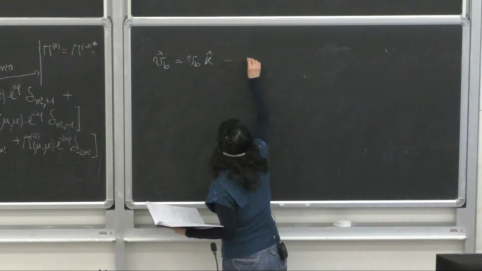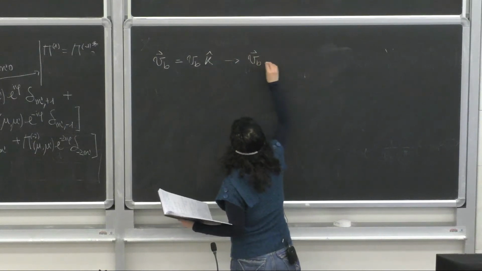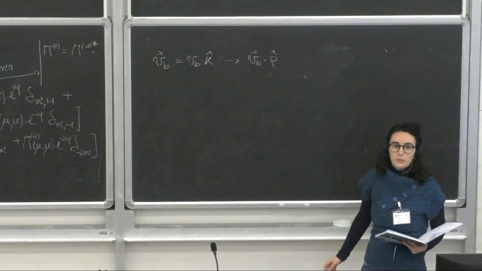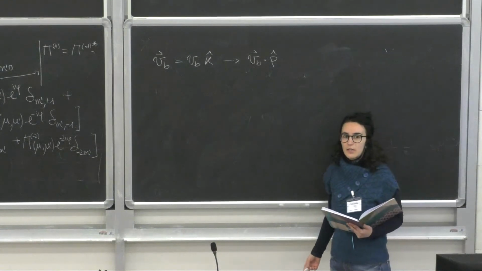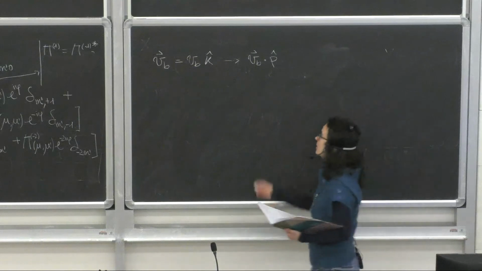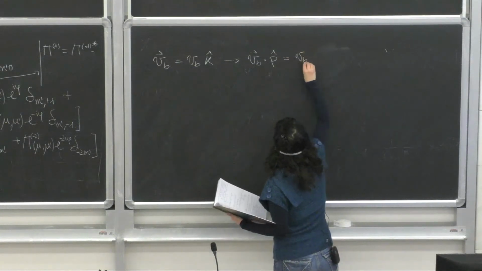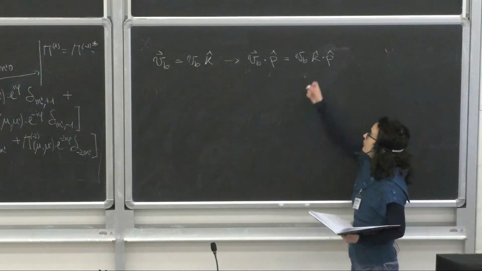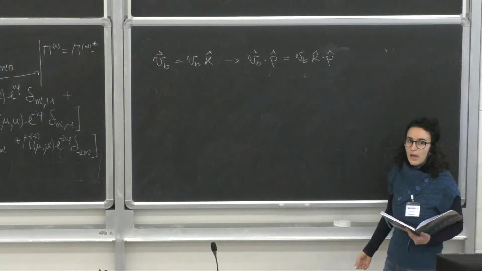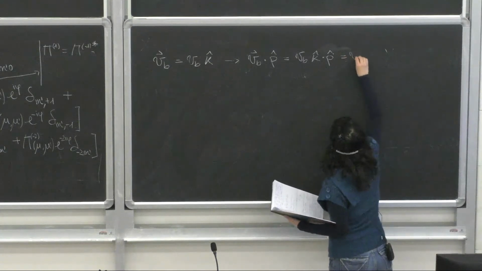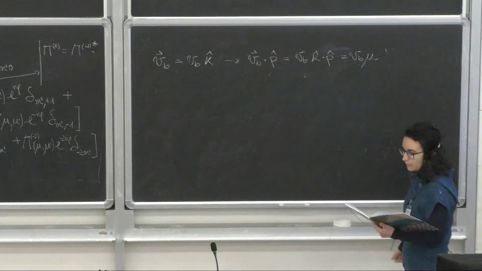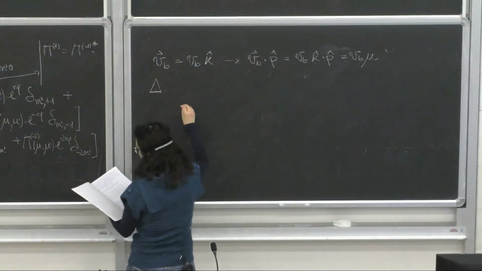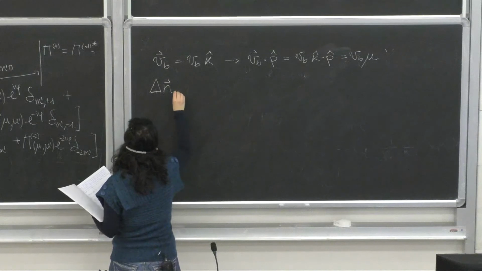So whenever we have to compute the scalar product between the baryon velocity and the photon momentum direction, then this is simply VB k scalar p, but we have already defined k scalar p as mu. So this is VB mu.